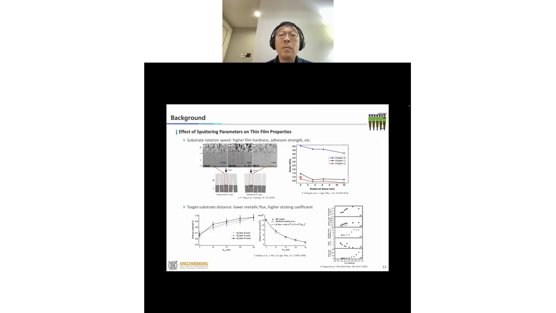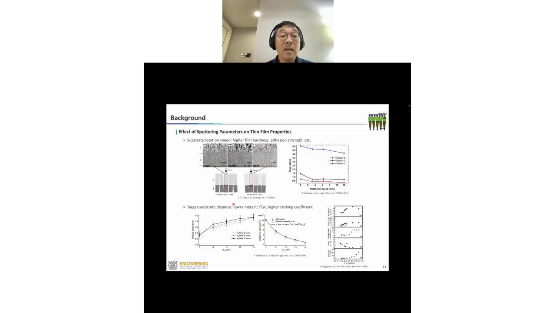Some common knowledge about this phenomenon is that when you increase the rotation speed, usually we decrease the stress. So we can guess a little bit higher, but not too high, because if the speed is too high, it's impossible to achieve the crystallinity. So we have to figure out a proper rotational speed to have good crystallinity and good density, and low stress in the film.